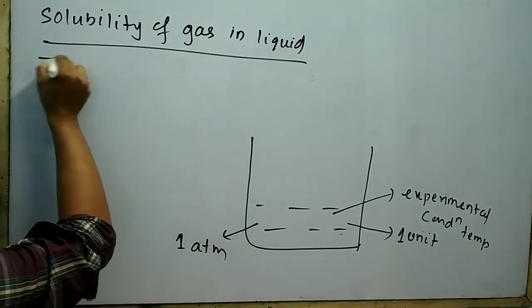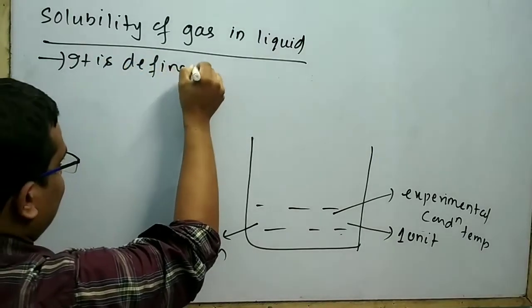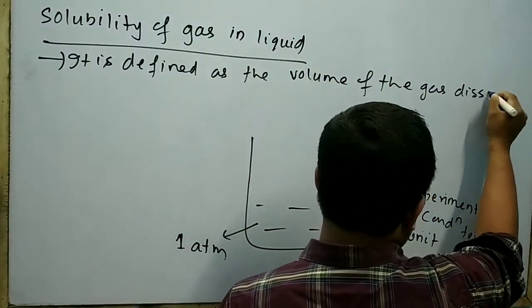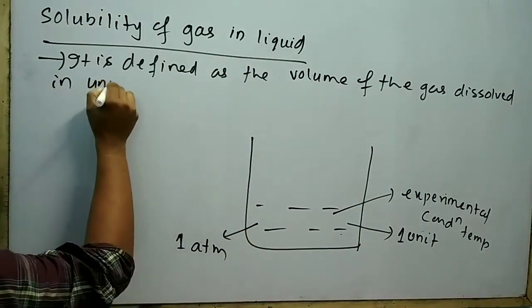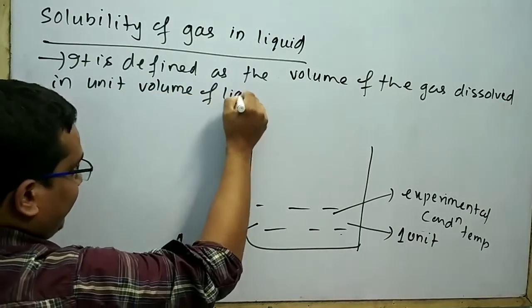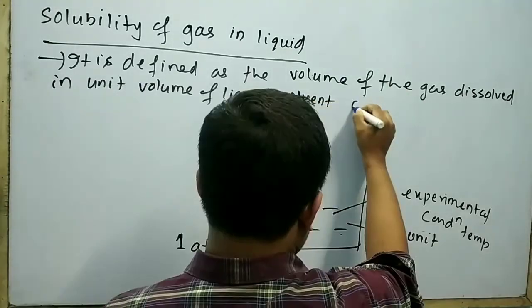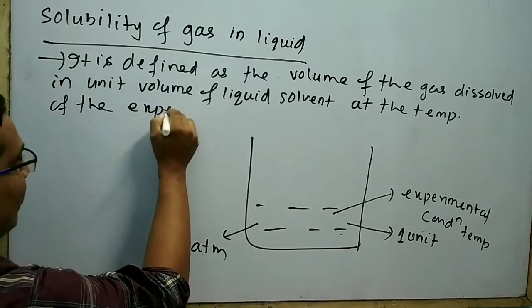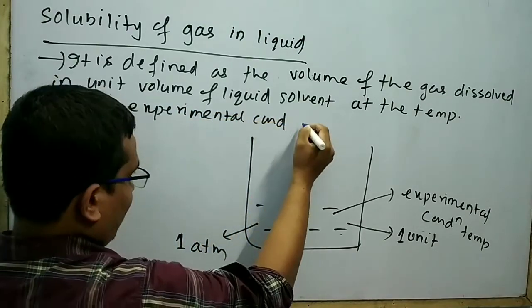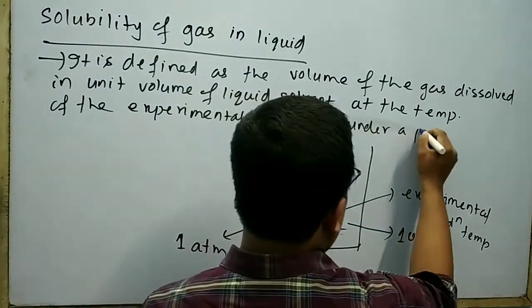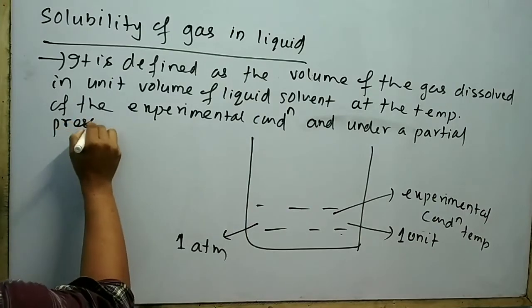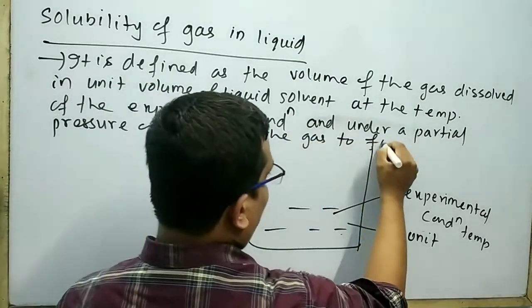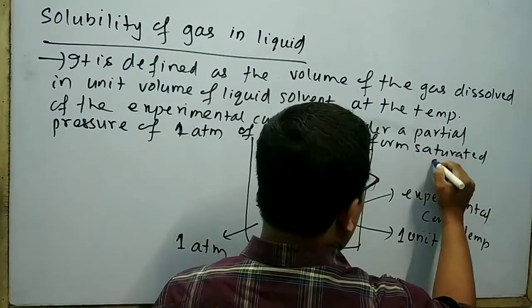So I can write a definition. It is defined as the volume of the gas dissolved in unit volume of liquid solvent at the temperature of the experimental condition and under a partial pressure of 1 atm of the gas to form a saturated solution.